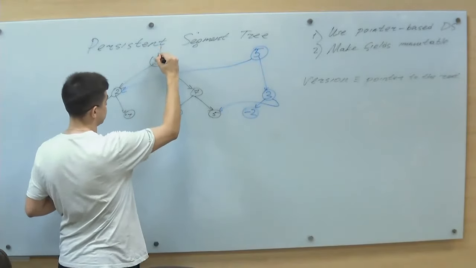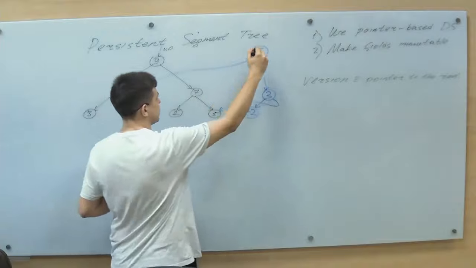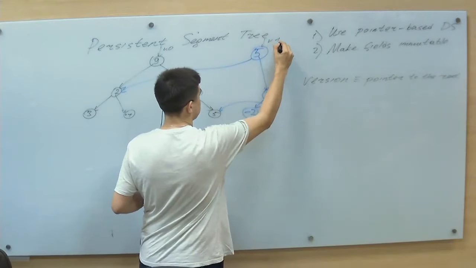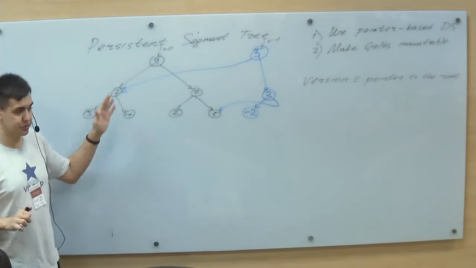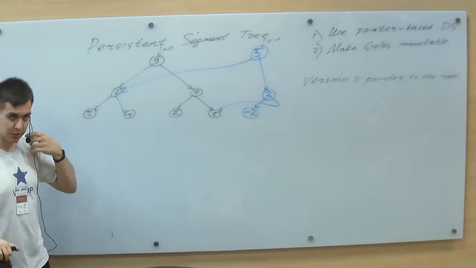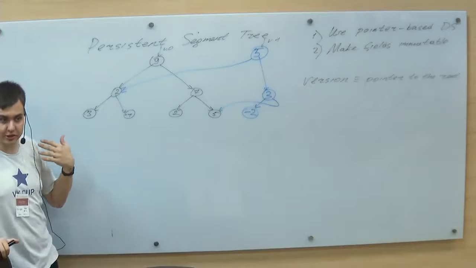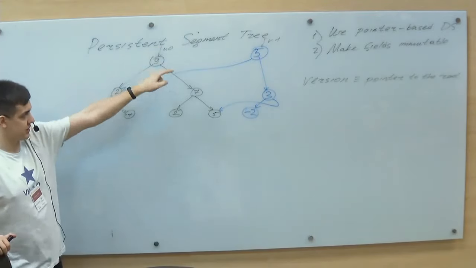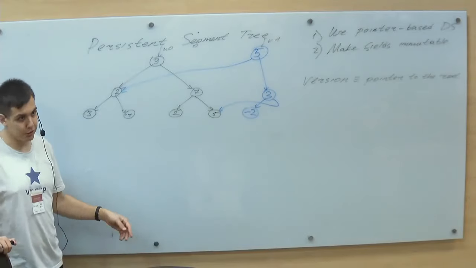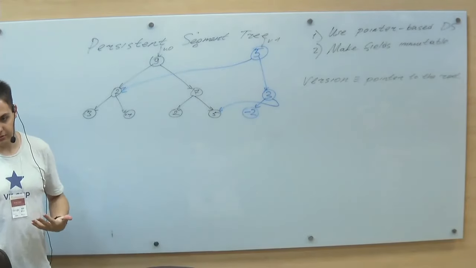So this is version 0, this is version 1, and usually when we work with a persistent segment tree, we'll just store them in a vector. We'll have a vector of different versions, and to take any particular version, we'll just find the corresponding root, and we'll do the query to that root.